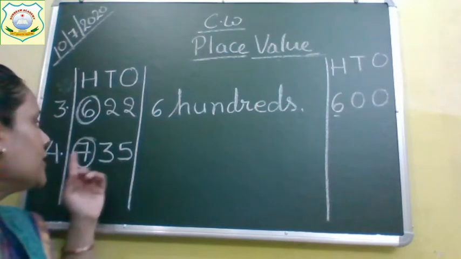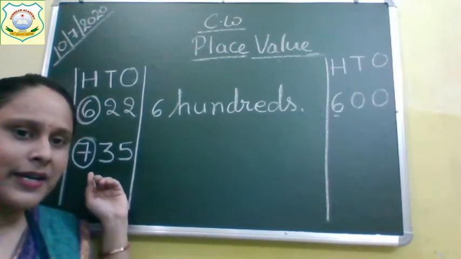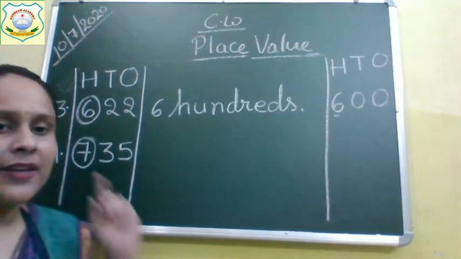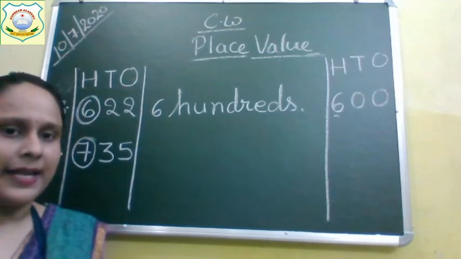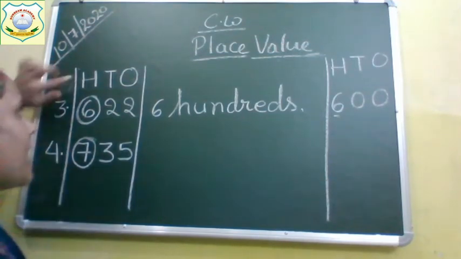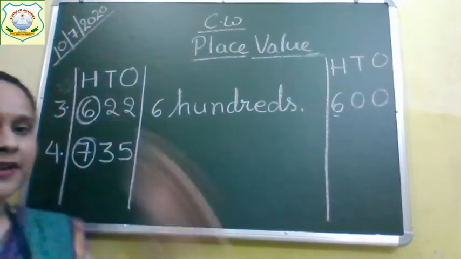Very good, children. So which is the circle number? 7 is the circle number. Okay, everyone has found it? Now, 7 is written in which place? Yes, it is written in the hundreds place. Everyone can see it is written in the hundreds place.